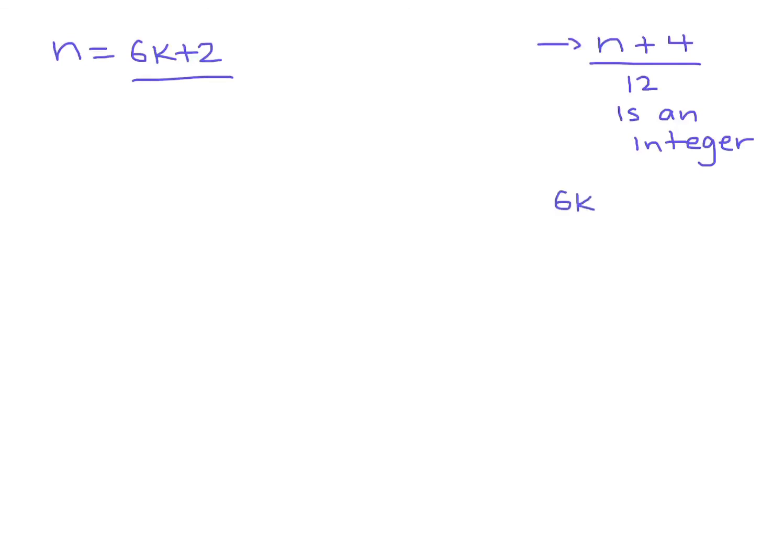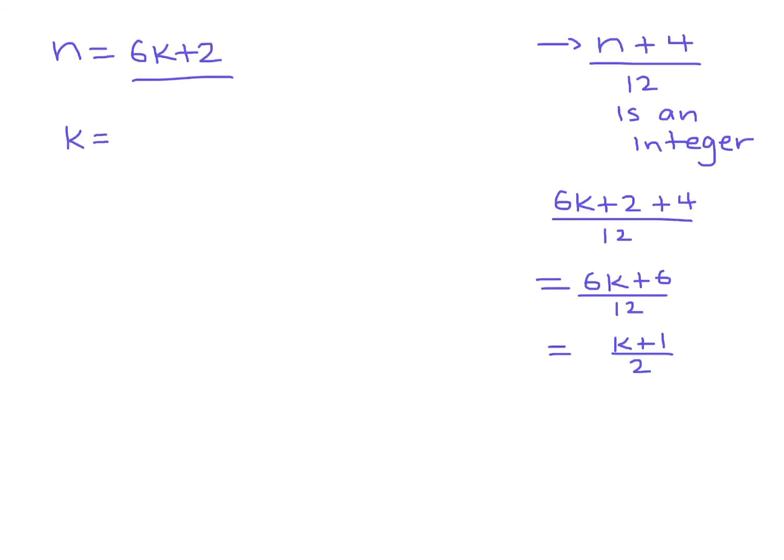I get 6k plus 2 plus 4 divided by 12, which is equal to 6k plus 6 over 12, which is basically, if you divide top and bottom by 6, you get k plus 1 over 2. Correct? So now let's make a little table and see what we get here for values of k.